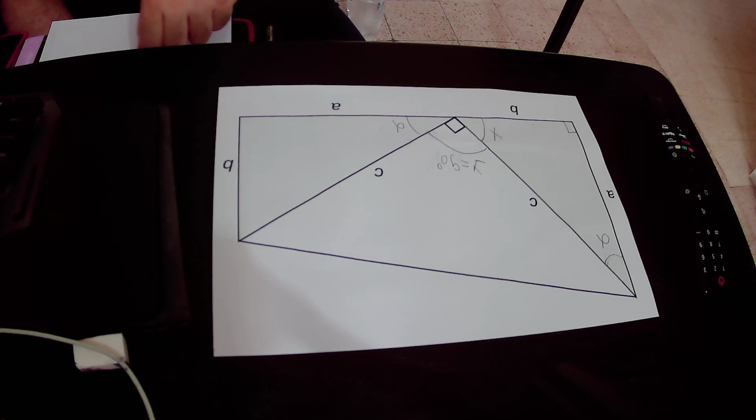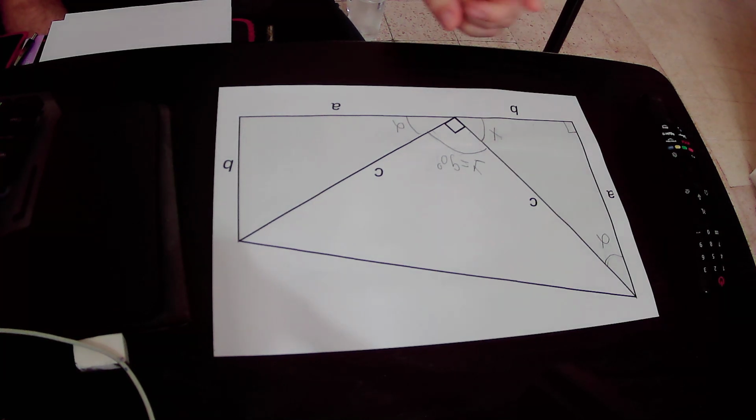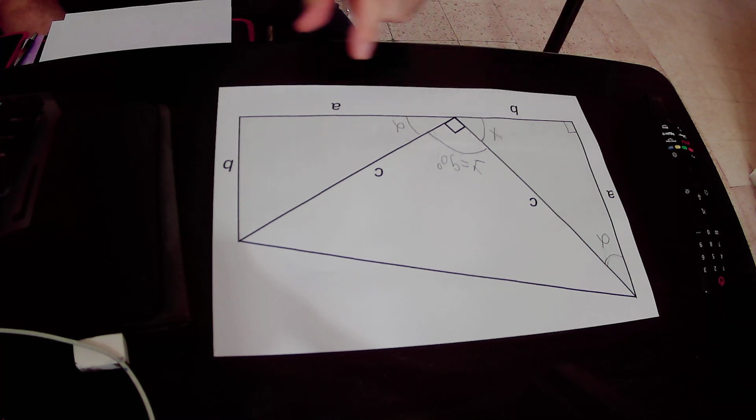Then we compared expression 1 to expression 2. We said that the area of the trapeze in the first calculation is equal to the area of the trapeze in the second calculation. In the first calculation, the area of the trapeze is equal to the sum of its parallel sides times the height of the trapeze divided by 2.